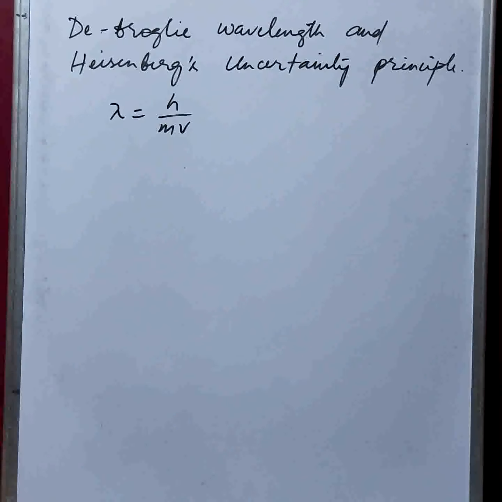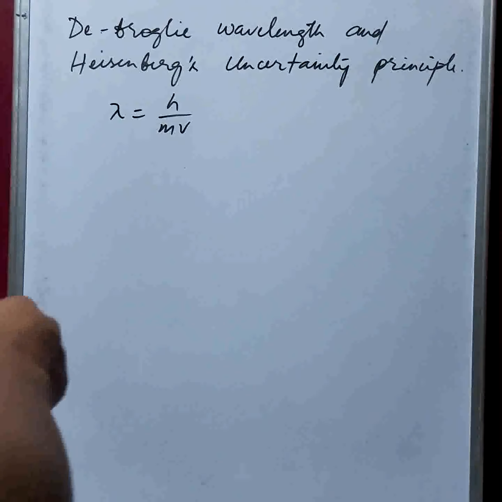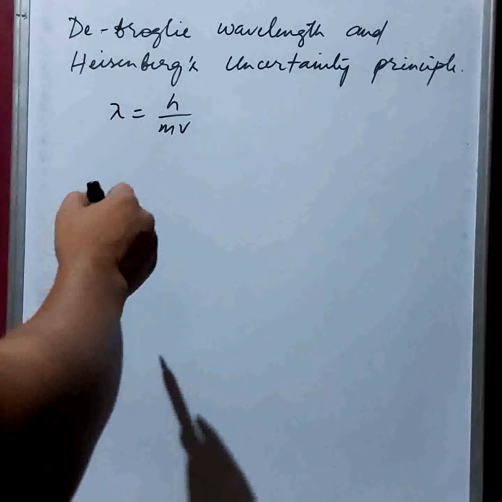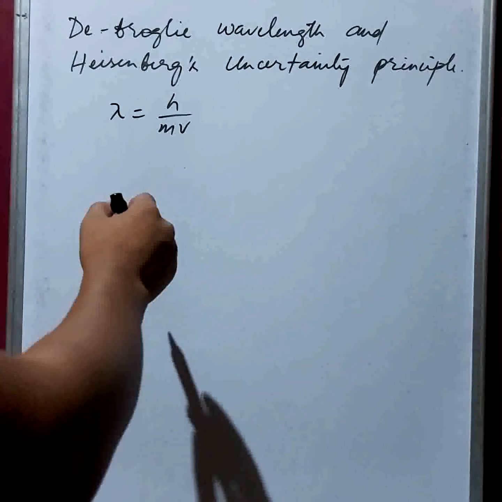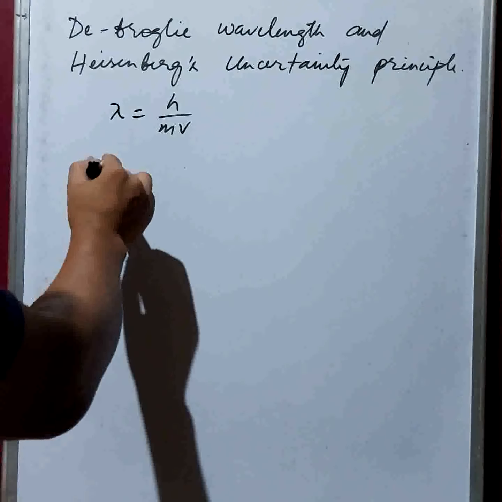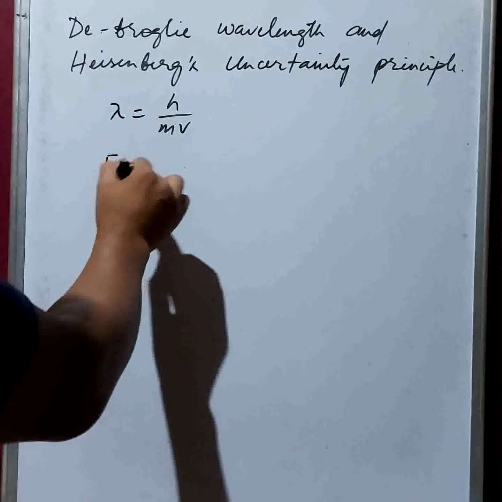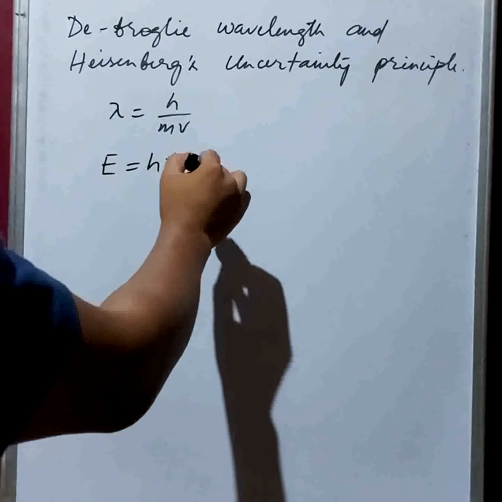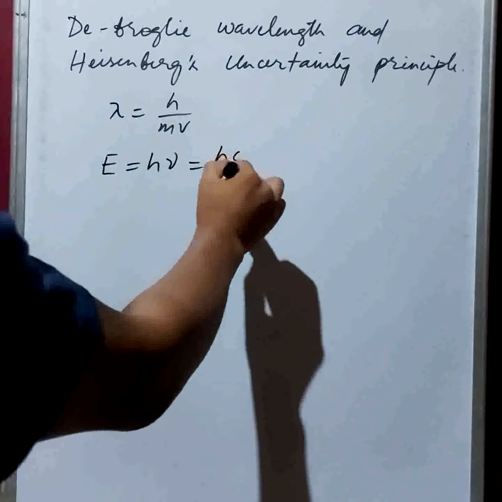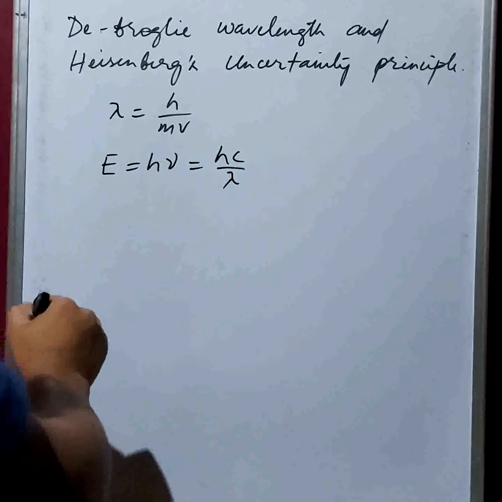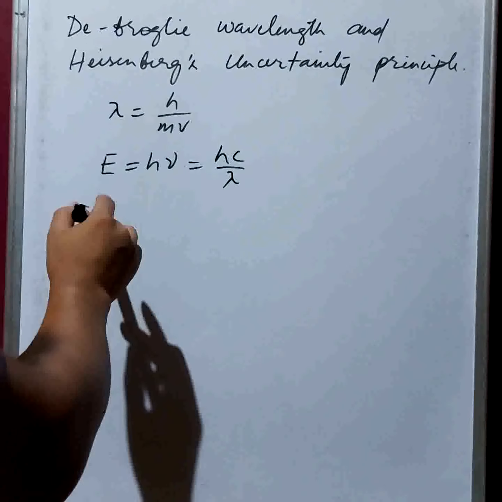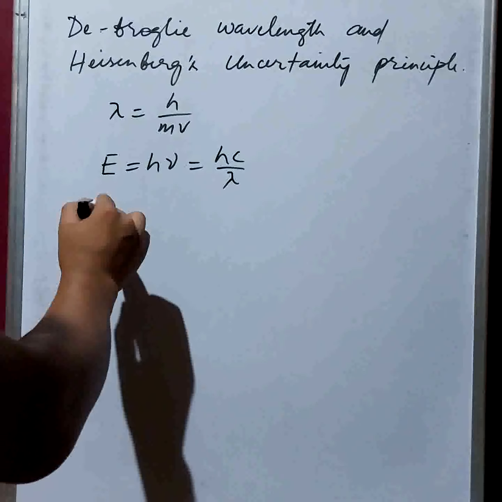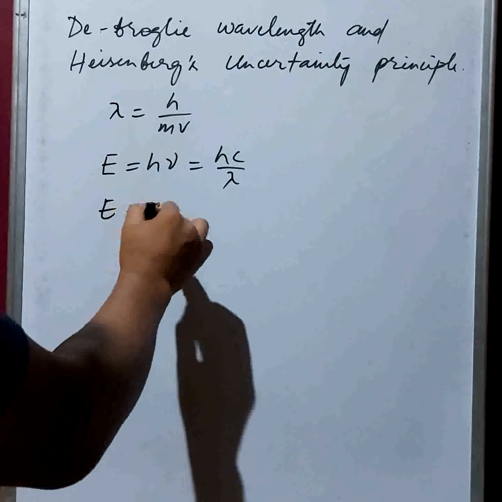Now this equation has been derived from Planck's equation. Planck said that energy is equal to h nu, or it's equal to hc over lambda, and from Einstein's energy-mass relation, energy is equal to mc squared.